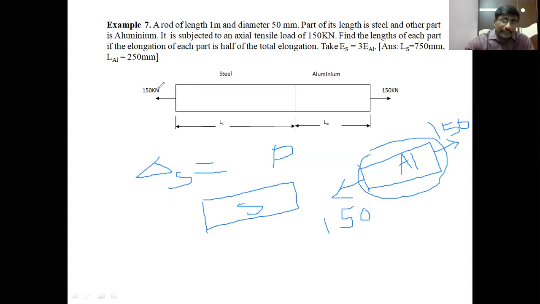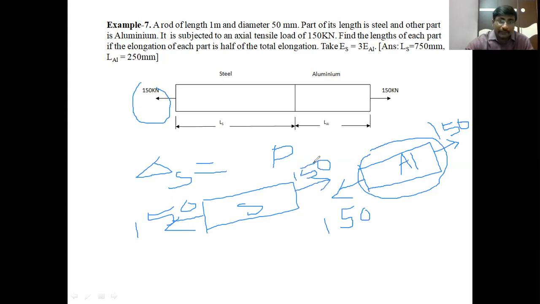Clear? So what is the force acting on the steel on the left surface? At the left surface of the steel, 150 kilonewtons is acting in the left hand side direction. To maintain the steel in equilibrium, here also we must put 150 kilonewtons.